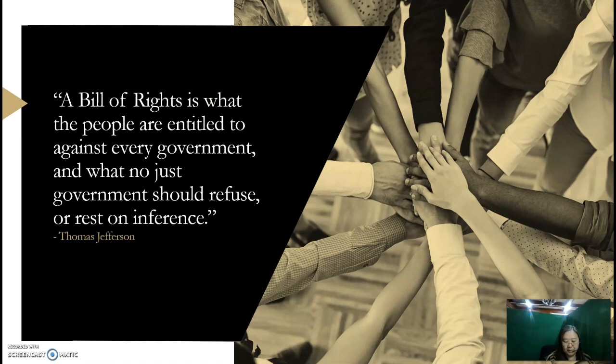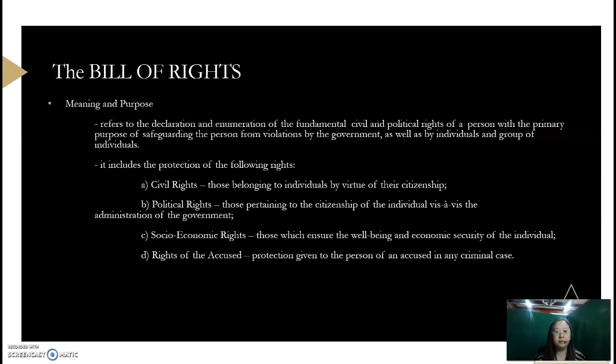Okay. Now we go to the Bill of Rights, the meaning and purpose of the Bill of Rights. The Bill of Rights refers to the declaration and enumeration of the fundamental civil and political rights of a person with the primary purpose of safeguarding the person from violations by the government as well as by individuals and groups of individuals.